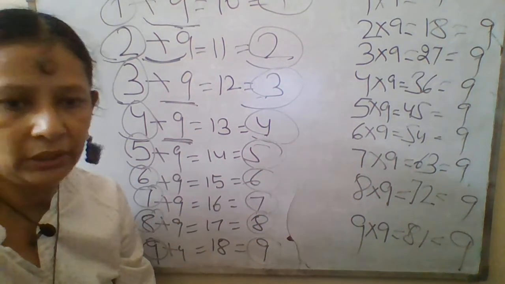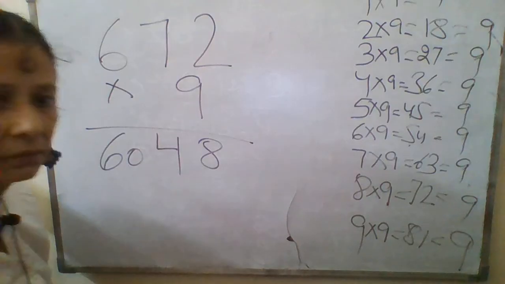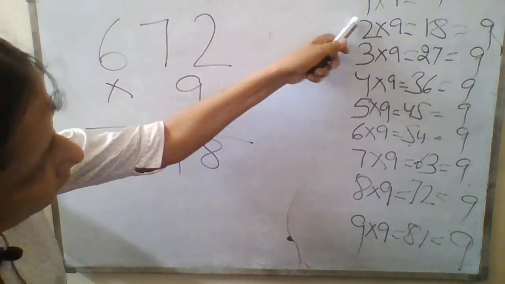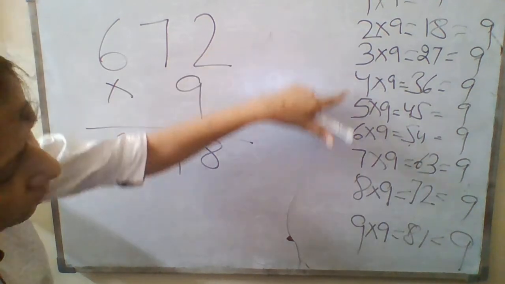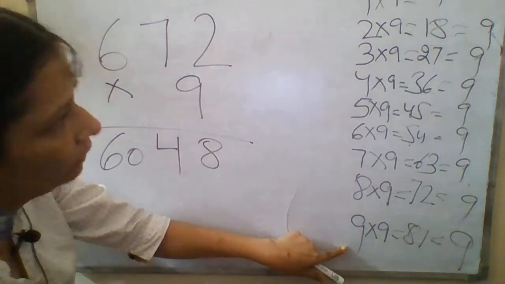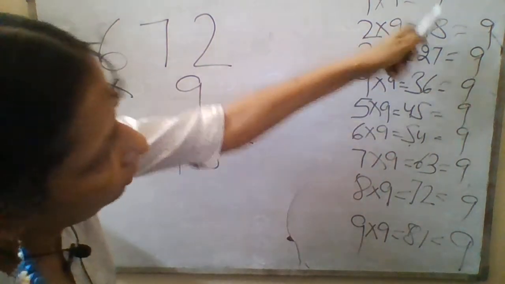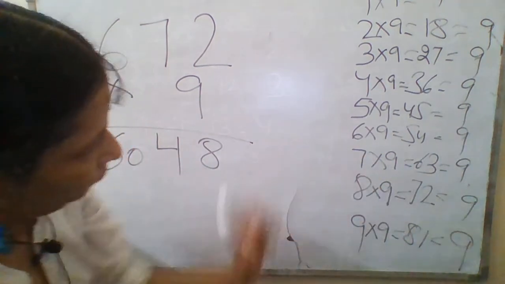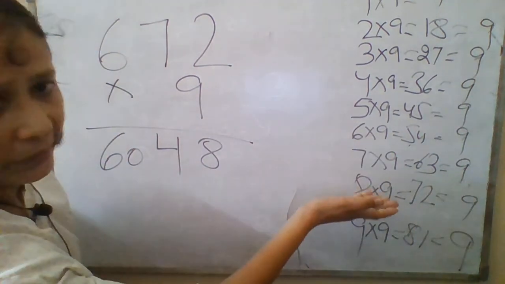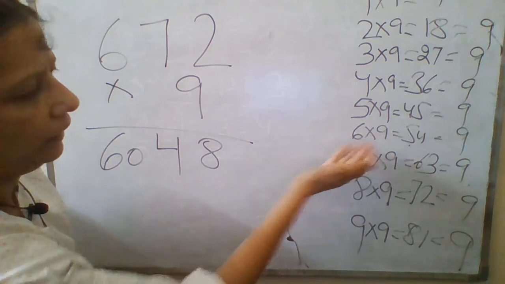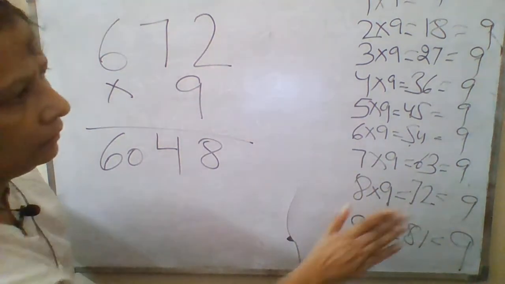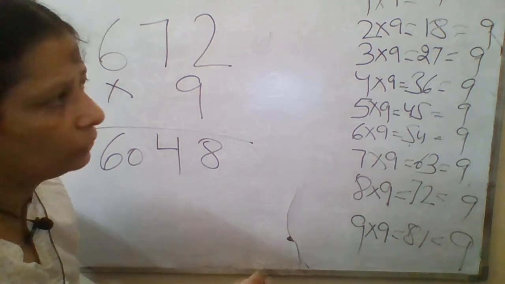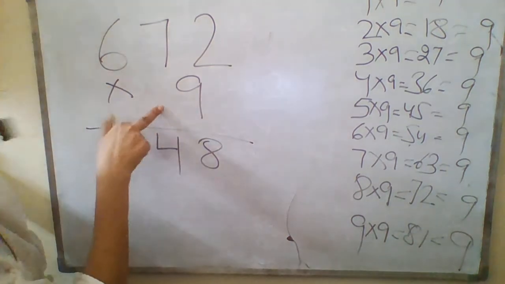I am going to tell you this with an example. If you have multiplied 1 2 3 4 5 6 7 8 9 with 9, you always got the DR 9. So what is the property? The property says that if you multiply any number with 9, it will always give you the digital root 9. Look at this example.